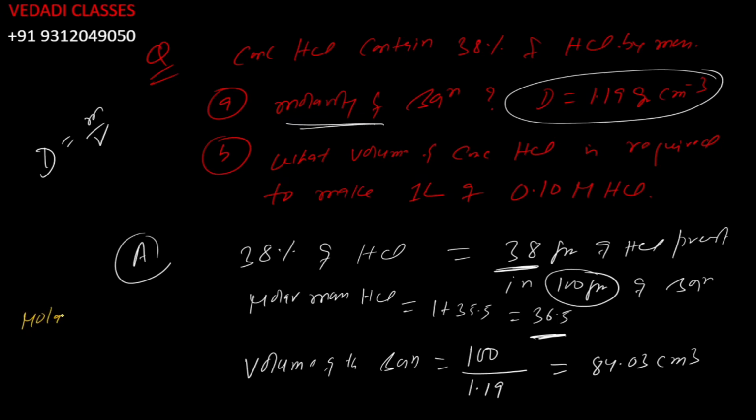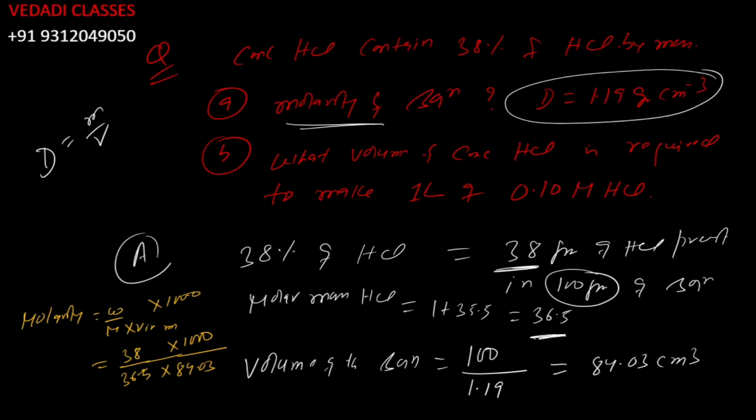So molarity will be given mass upon molar mass into volume in milliliter into 1000. Given mass is 38, molar mass 36.5, into the volume you obtained, 84.03, into 1000.